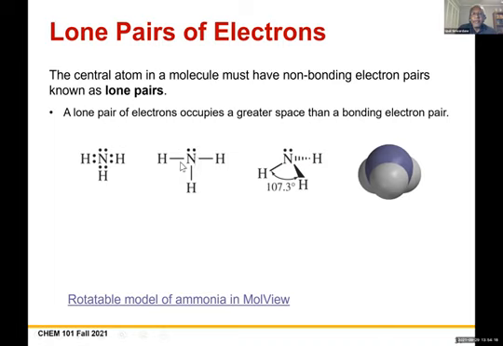The central atom is the one that decides the molecular shape or angles in the molecule. It's like methane: 3 bonding electron pairs and 1 non-bonding electron pair are distributed around the central atom in a tetrahedral arrangement.